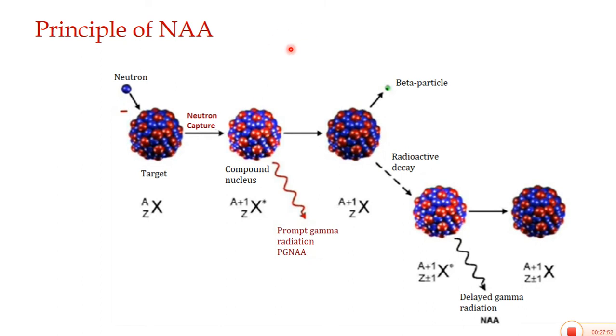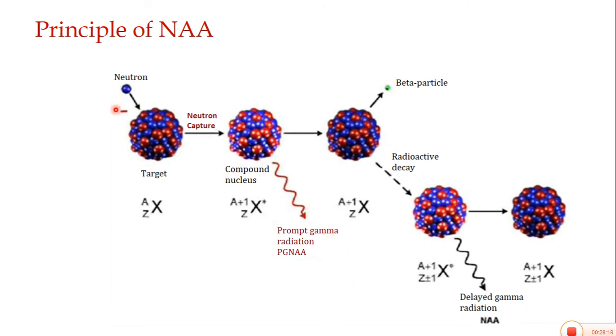If it exactly matches the gold element spectra, it means gold is present in this sample material, and you can easily measure the concentration as well, with the help of the strength of the gamma radiation emission. So in this regard, you are able to get a lot of information, qualitative or quantitative.